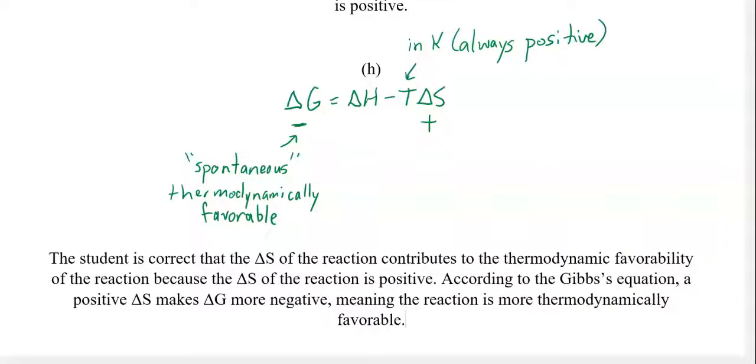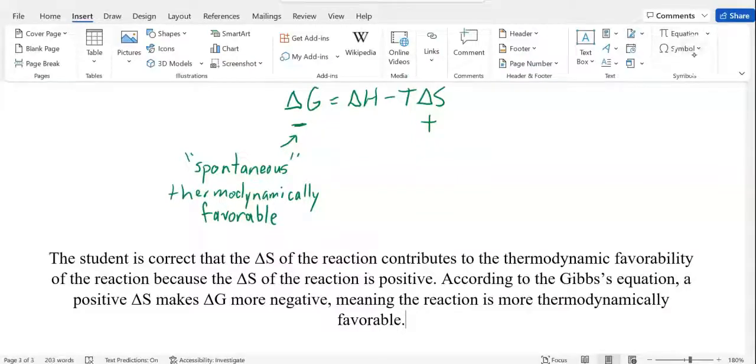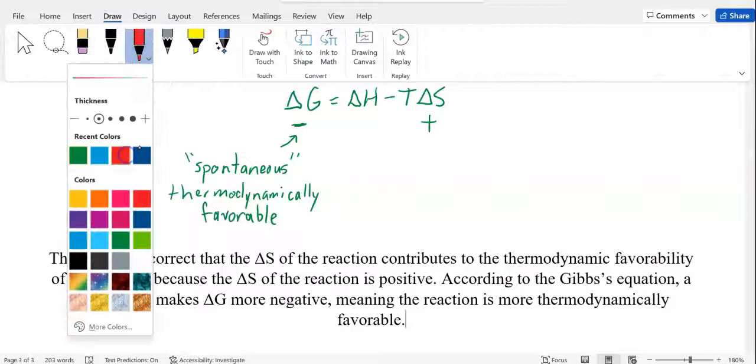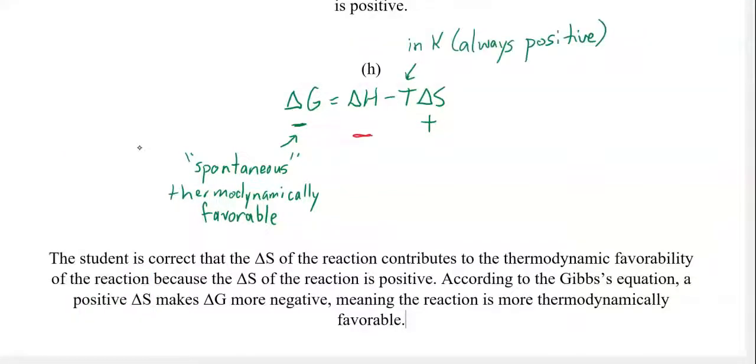And then if delta H is negative, that also contributes to delta G being negative, because according to this equation, we're just starting with delta H. So if that's negative, it makes delta G more negative.